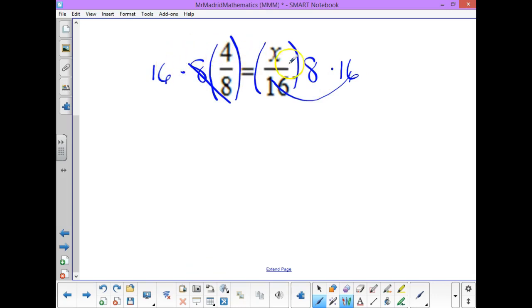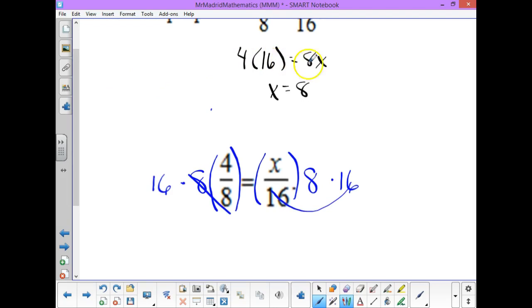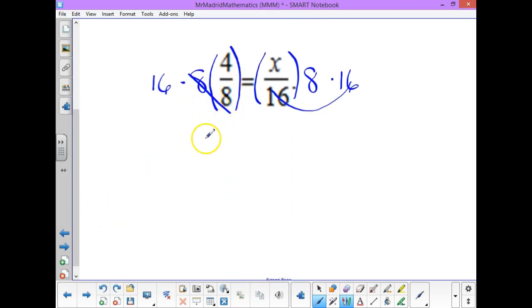And I'm still left with the afterthought of this shortcut. So 4 times 16 and the x times the 8. Then you do the simple math there. This times this is 64. This is 8x. Divide both sides by 8, and that's where we got the 8.